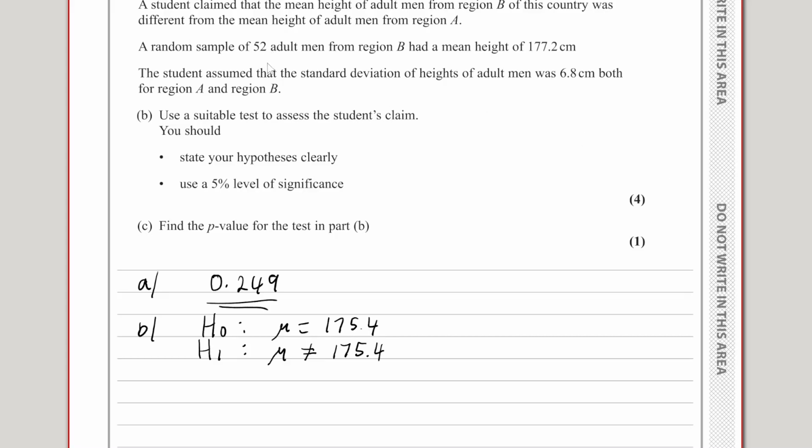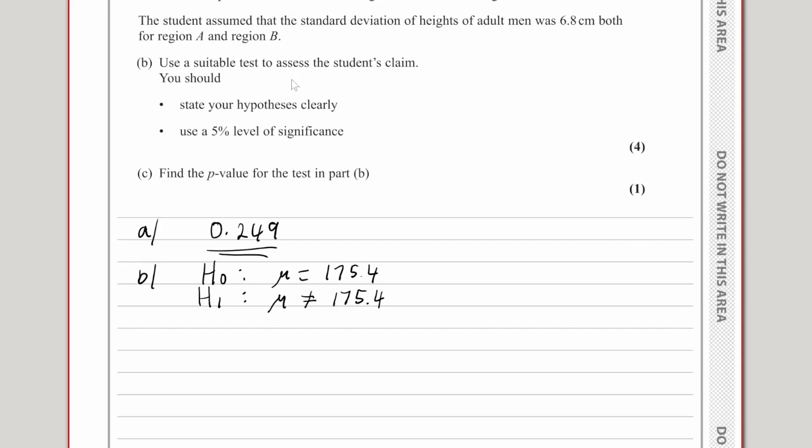And then we've got a sample. So we're going to change our standard deviation for the sample. So our standard deviation is going to be 6.8 over the square root of the sample size, over root 52.